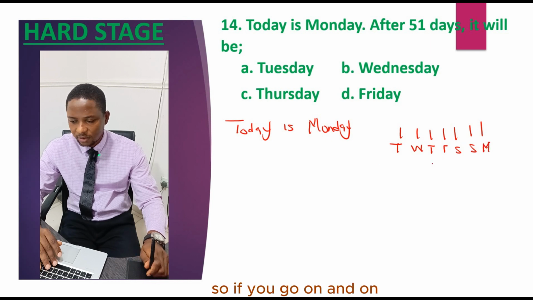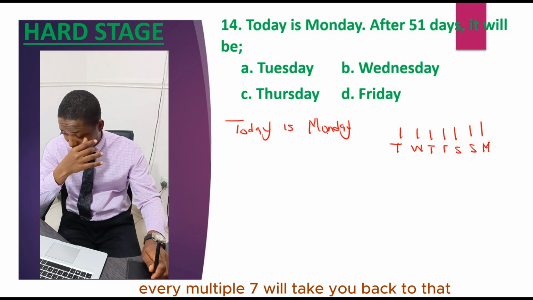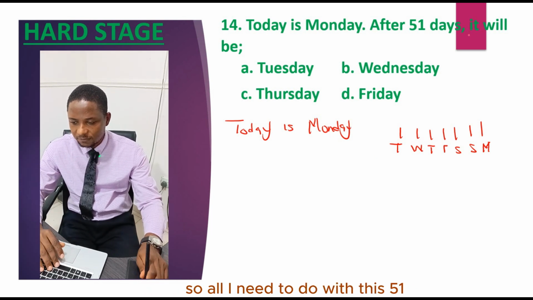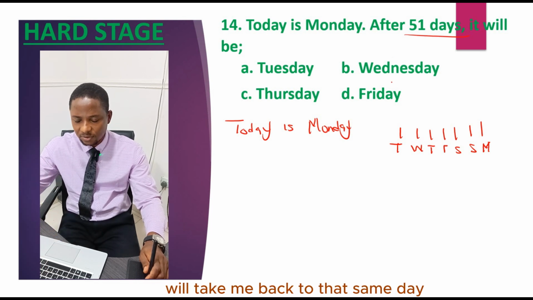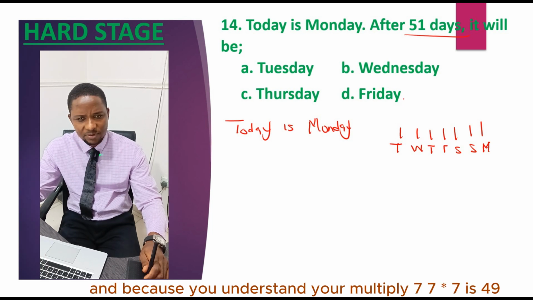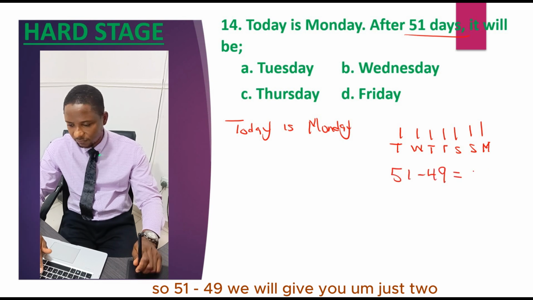So if you go on and on, every multiple of 7 will take you back to that particular day, which is Monday. So all I need to do with this 51, since I know every multiple of 7 will take me back to that same day, I will take out multiple of 7 here. And because you understand your multiple of 7, 7 times 7 is 49. So 51 minus 49 will give you just 2.